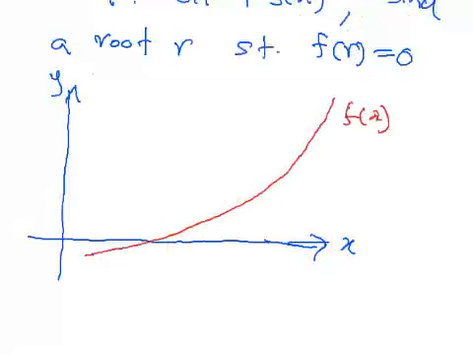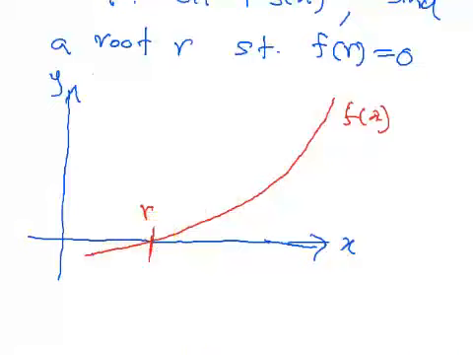Here we have a root r, f of r is equal to 0 at this point. f hits the x-axis at r.